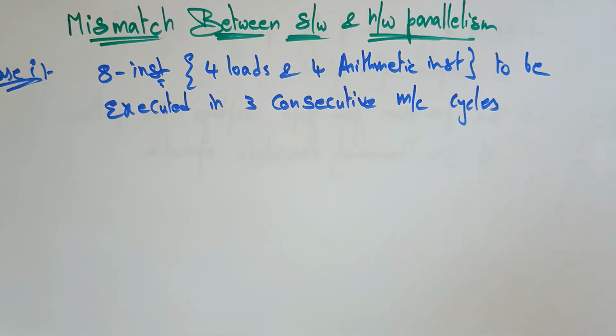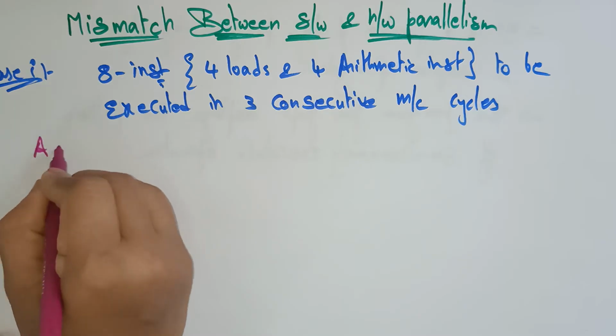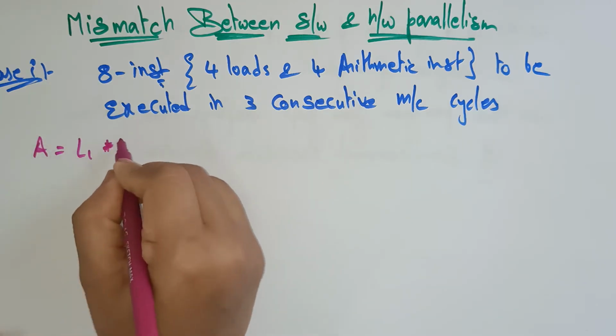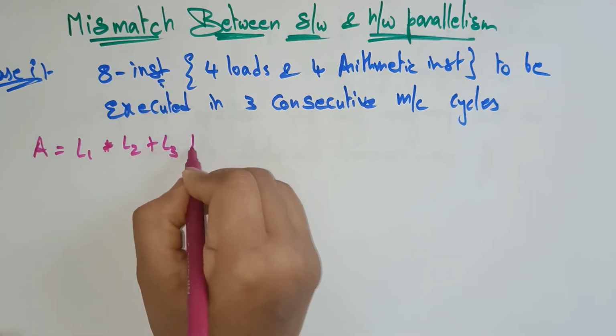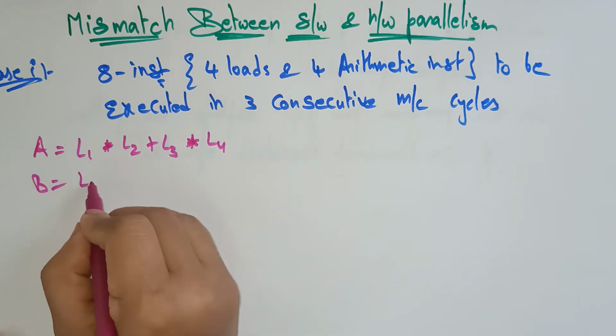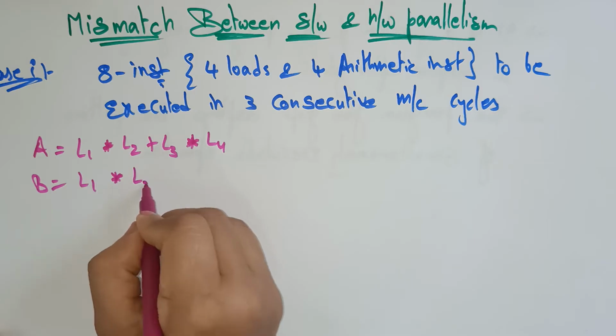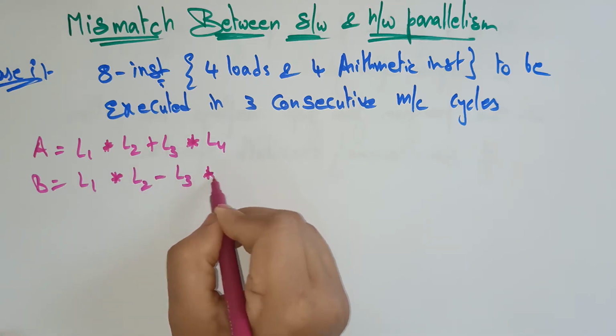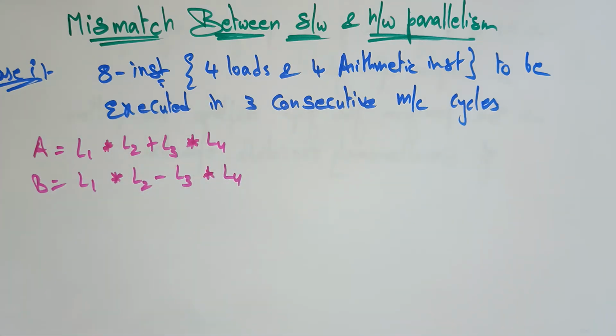Let me take the instructions first. A is equal to L1 into L2 plus L3 into L4. I am taking the same example as in the textbook so that you can understand the concept. So this is the instruction. If you clearly observe, there are a total of 8 instructions.